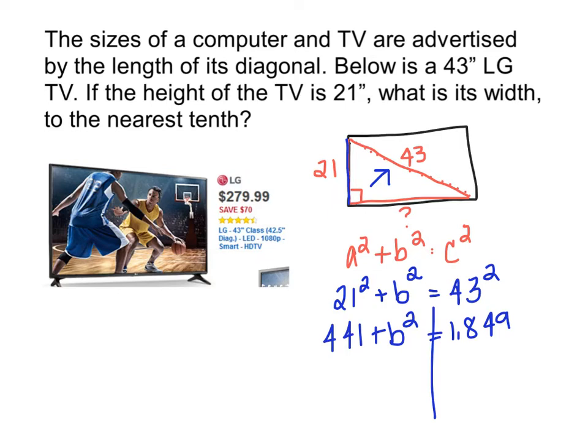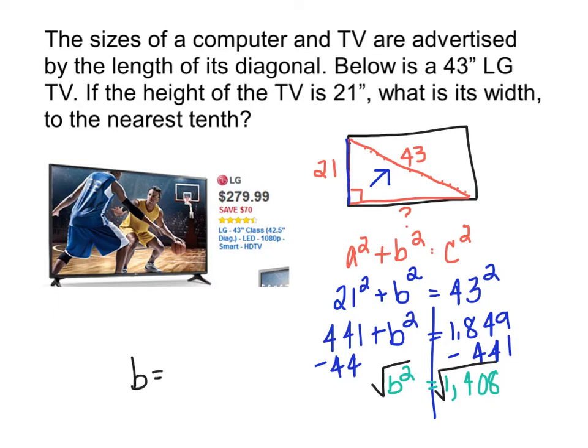Now I need to get b by itself, so I first need to subtract 441 from both sides. So I get b squared equals 1,408. And then the last step to get rid of that exponent, I do the opposite of squaring something, which is to take the square root.